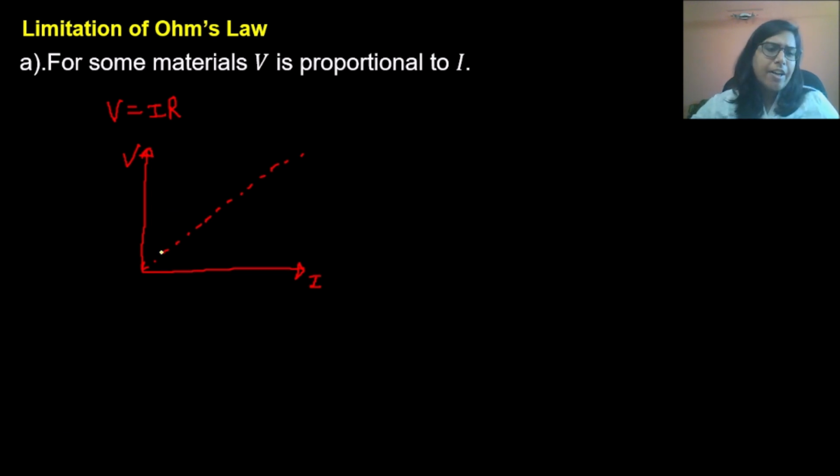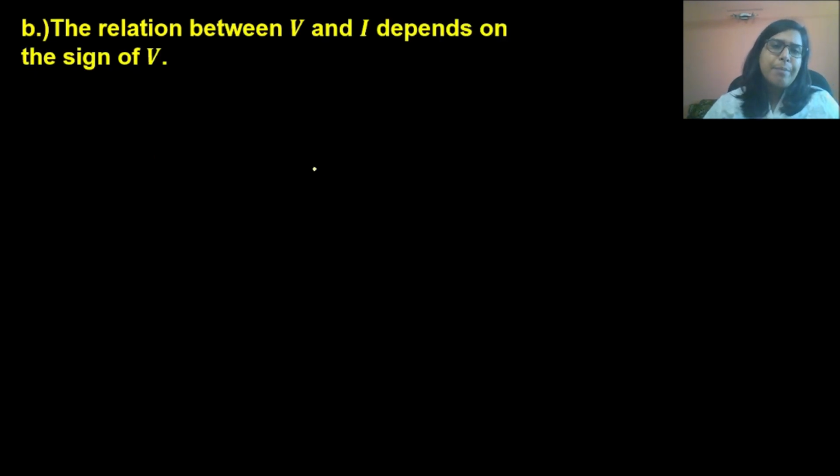It slightly deviates from the straight line and is graphed like this. Similarly for semiconductors, the graph between current and voltage is like this.